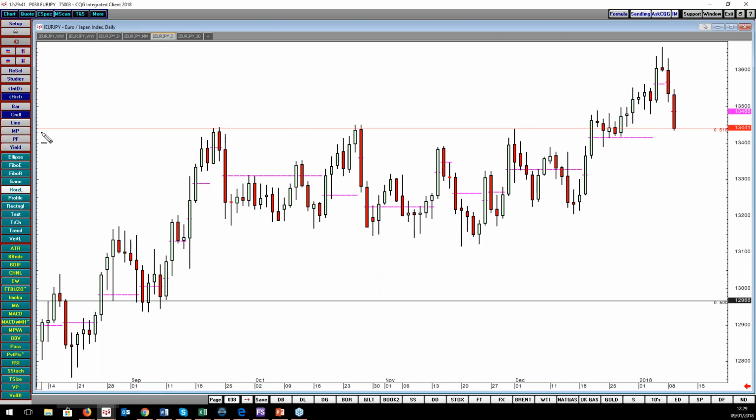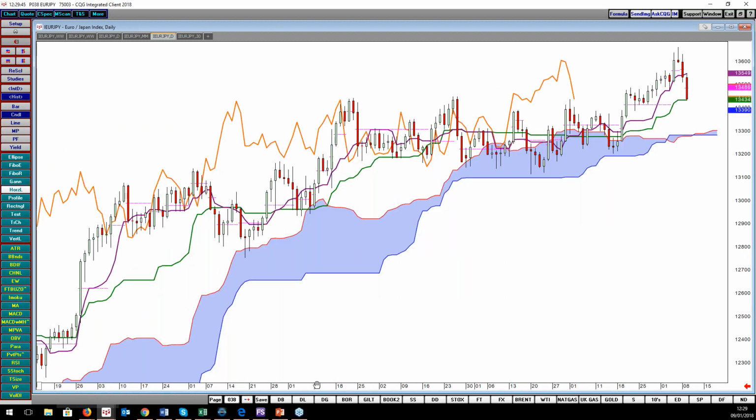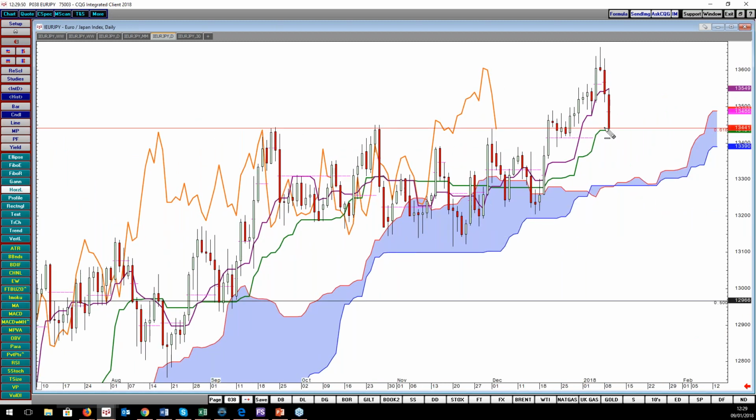We can stick our Ichimoku Cloud chart back on there, because that's what we're meant to be talking about, and we can see that the Ichimoku chart at present, right round here, has a very thin cloud, and the cloud is right down at 132.80. So according to Ichimoku, a break below 134.40, which we're trying to do now, should take us down to 132.80.